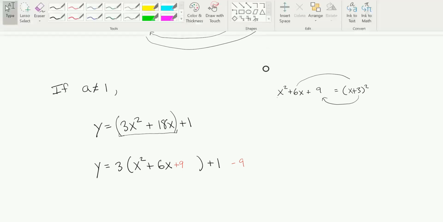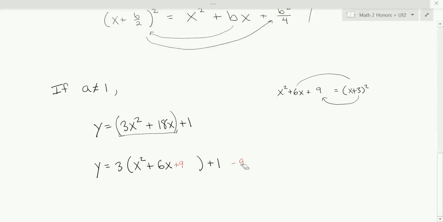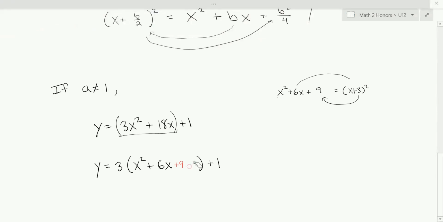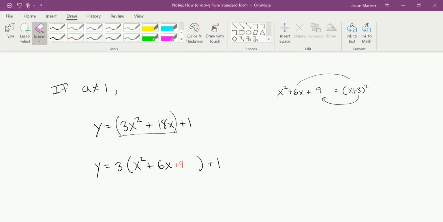What if I put the minus 9 inside the parentheses? Is that fine? If I work through that, will that end up being equal to the original? Yeah, it will. But I don't want it there because I want to factor what's in the parentheses. So how can we resolve this issue? So keep the plus sign inside and do what on the outside?